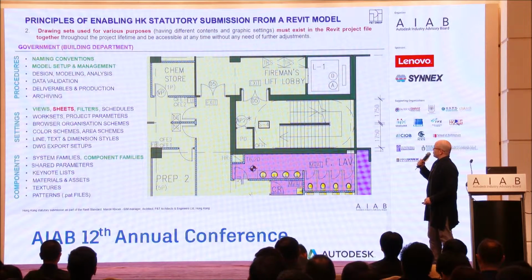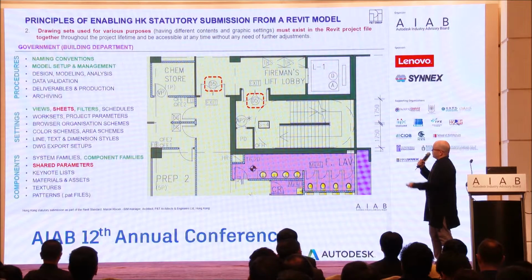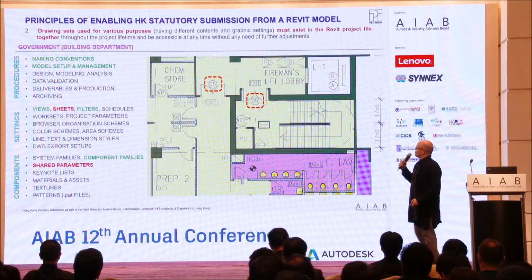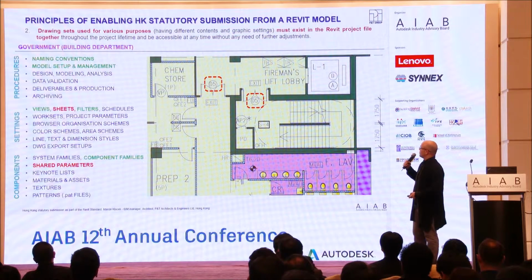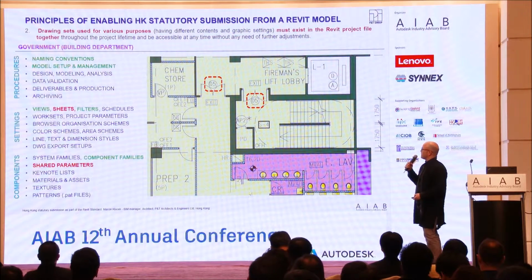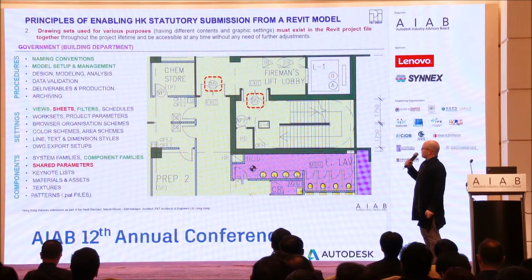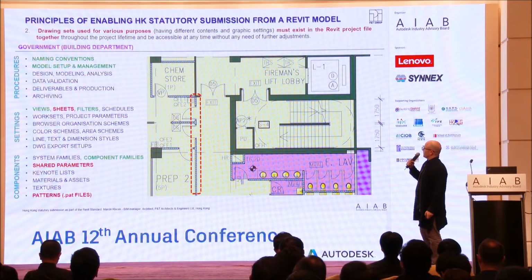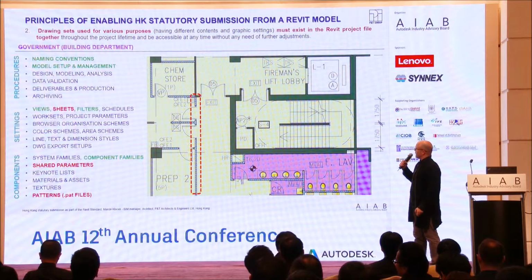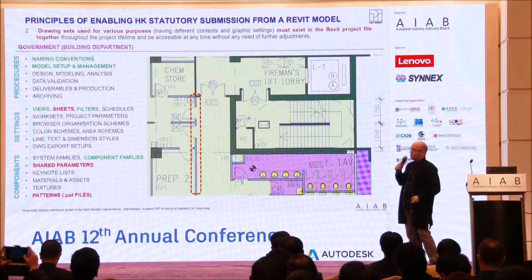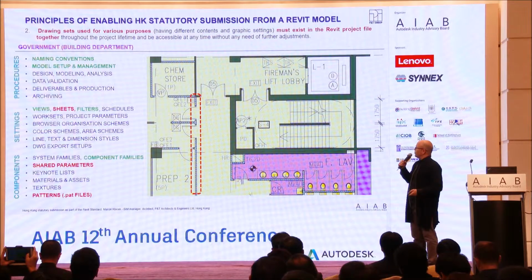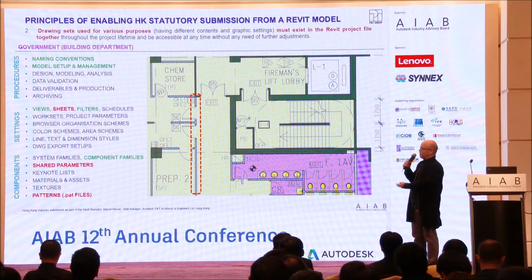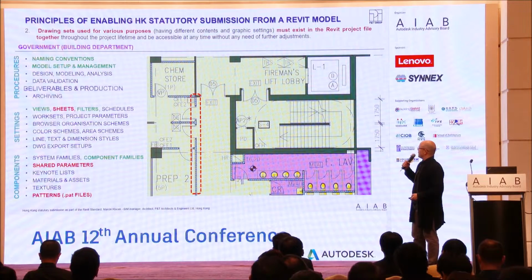You need shared parameters. In this case, we use shared parameters for those symbols, I mean the contents of the door marks, and patterns, PAT files, for patterns of walls. This pattern is simple, but we have more complex patterns when we show different fire ratings of walls. So for this, you need PAT files.